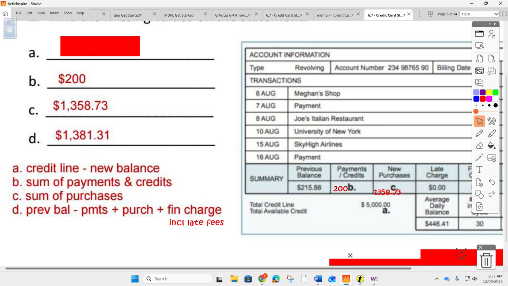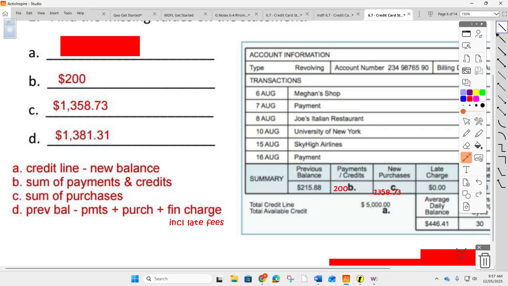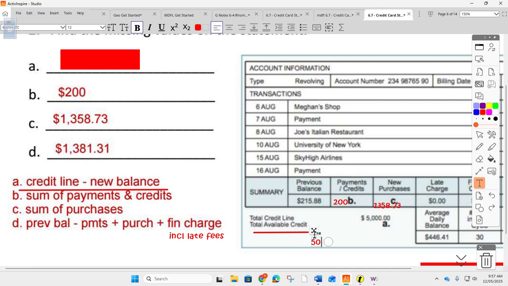Now we said at the beginning, our available credit, that's our first one. So we need to fill what we got to. The credit line, which is $5,000, minus your new balance. So D is your new balance. So your total available credit is $5,000 minus 1381.31.